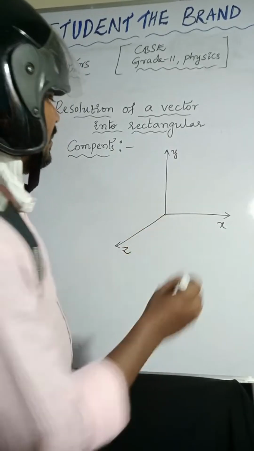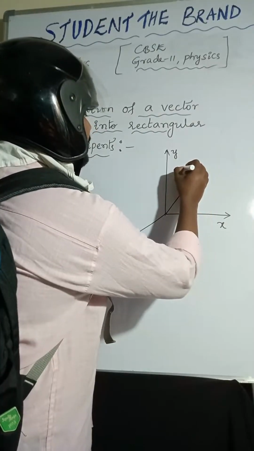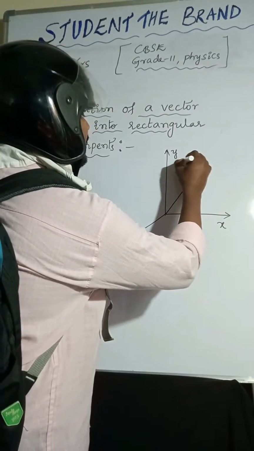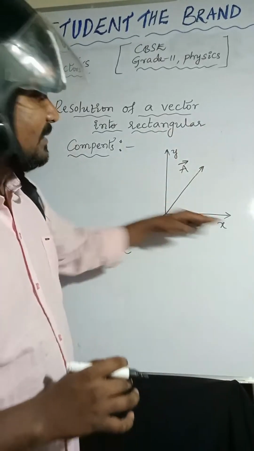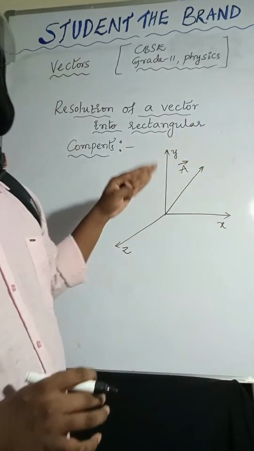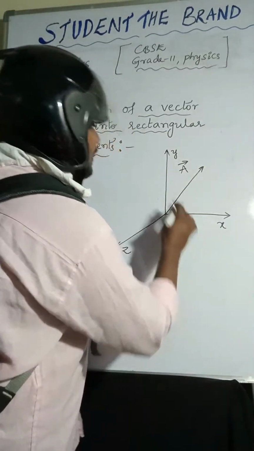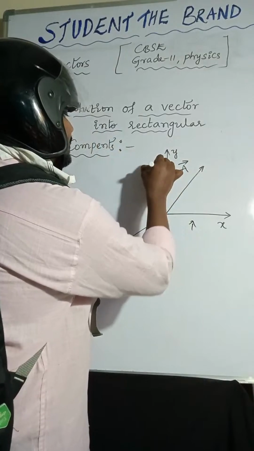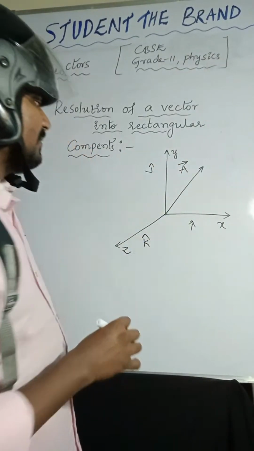I am taking one vector, suppose A bar. Along the x-axis, the unit vector is i cap. Along the y-axis, the unit vector is j cap. Along the z-axis, the unit vector is k cap.